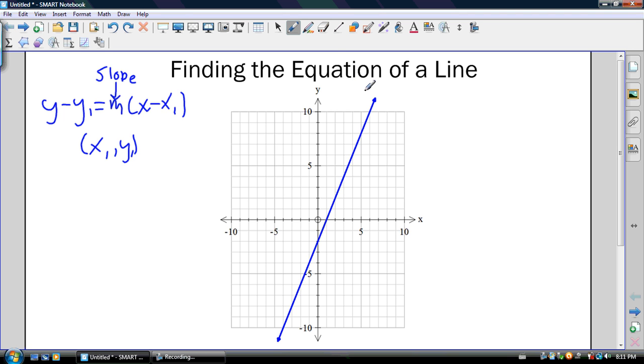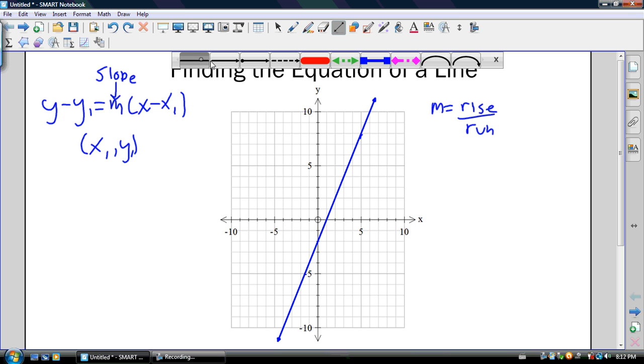All right, so let's have a look at this now. First of all, let's find the slope. If you remember, slope is equal to rise over run. So let's make a triangle. It doesn't matter where we start from. I'll pick right here. I'm going to use my line tool for this.